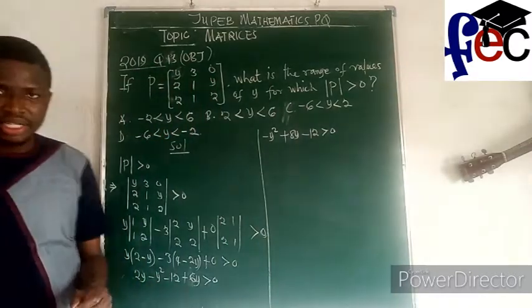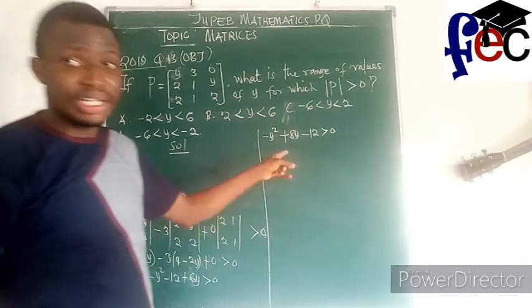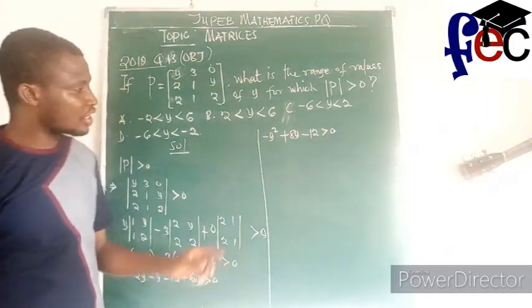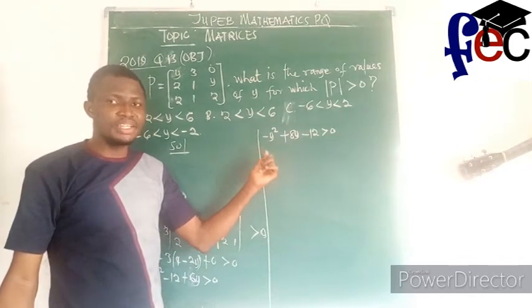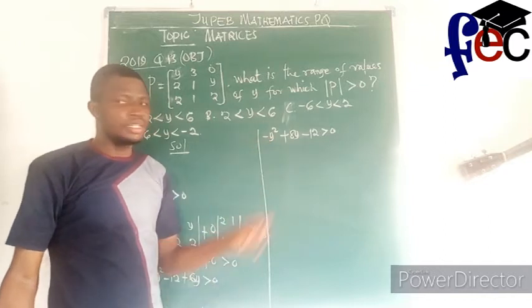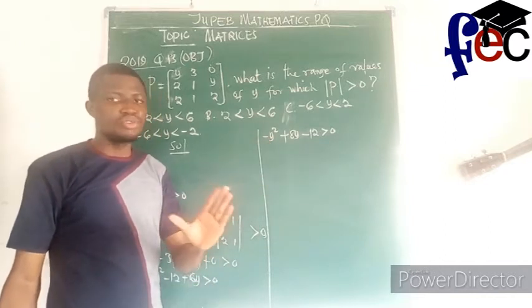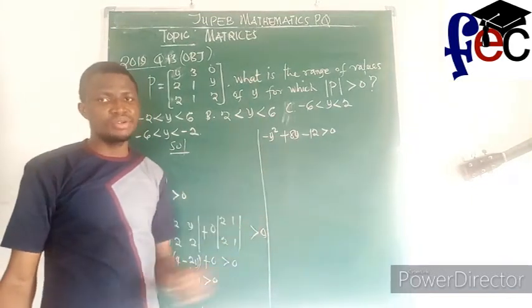To make life easy for us in solving this problem, not that we cannot solve it like this, try as much as possible to make the variable with the highest power have a positive coefficient. So I'm having a coefficient of minus 1. I want it to be positive. So all I need to do is multiply every element in this inequality by minus 1.